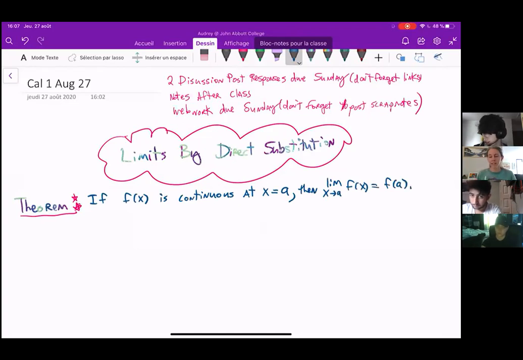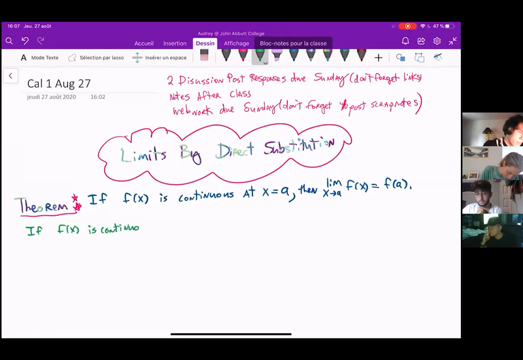So that seems kind of like duh, because that's the definition of continuity as well. But it actually is giving us some really important information about how we can evaluate limits. So in other words, what this is saying is, if f of x is continuous at x equals a, then to evaluate the limit, we can just plug in a.